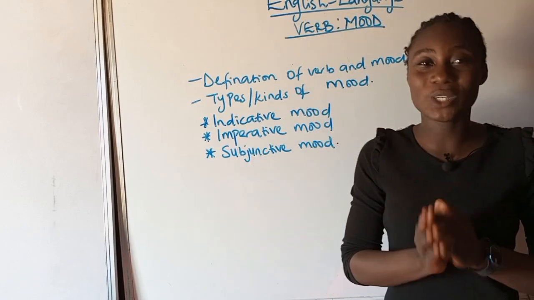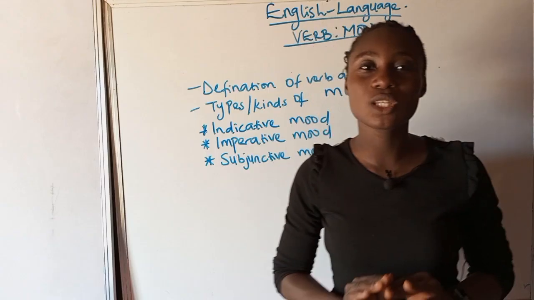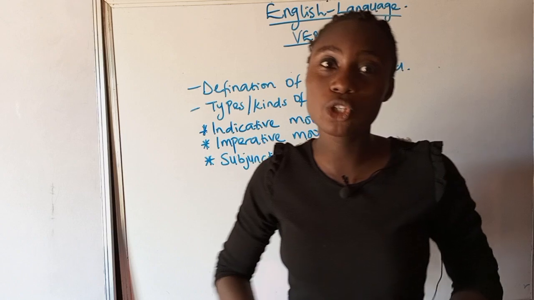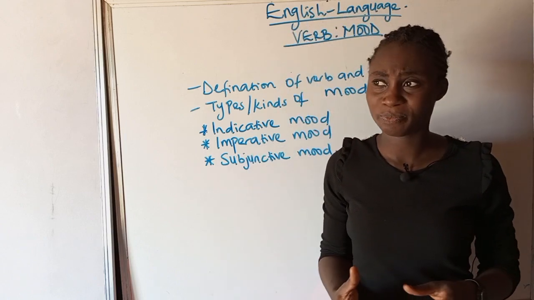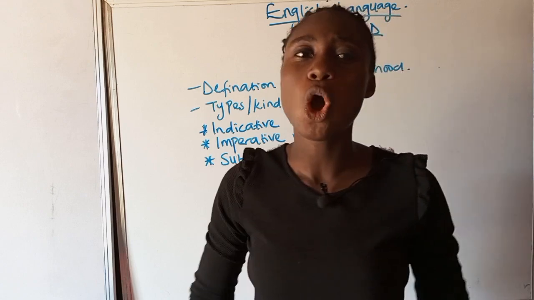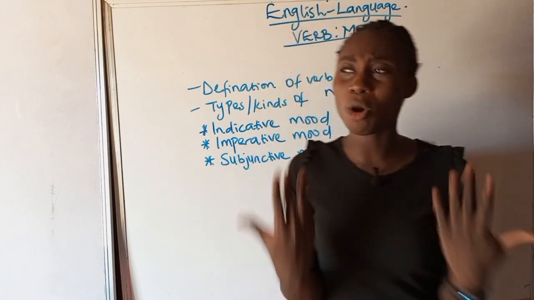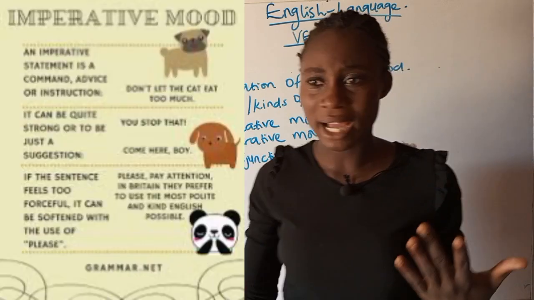So we shall be moving to the other type of mode, which is the imperative mode. This is a verb which is used to express a command, an advice, or an entreaty. Now, a command: get me the bag.